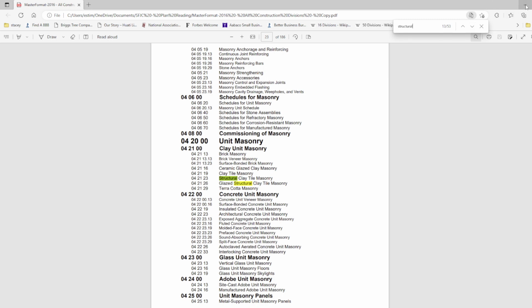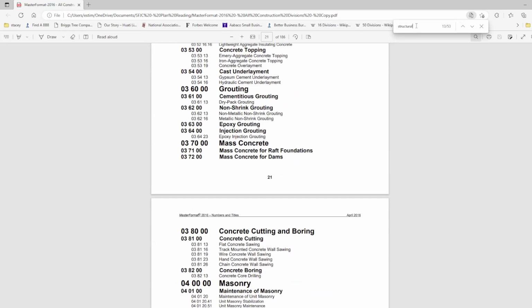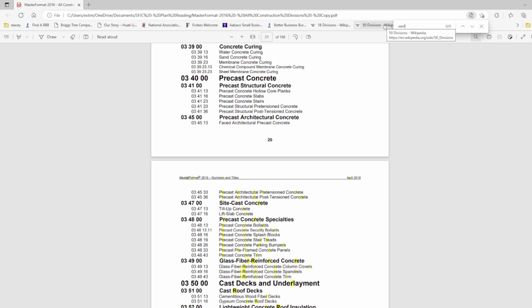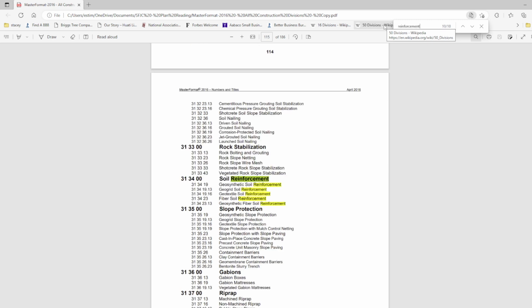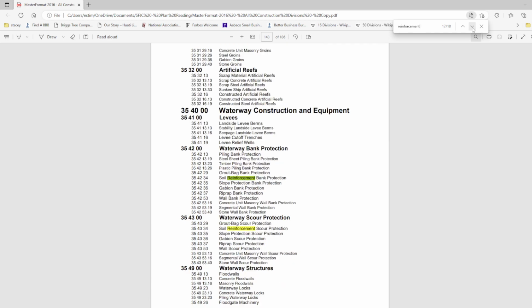Okay, but concrete is 03. You know what I didn't do? Reinforcement. All right. Let's see if it takes us. Soil reinforcement. Rock reinforcement.